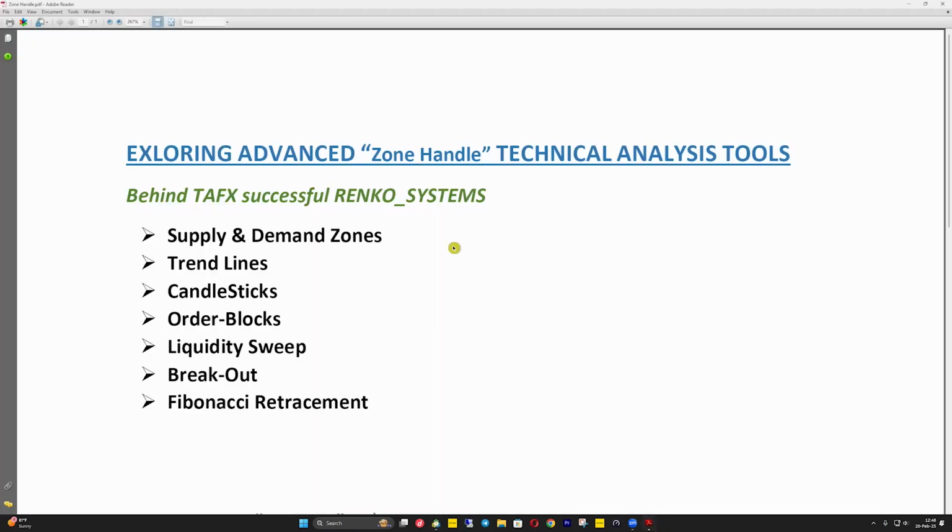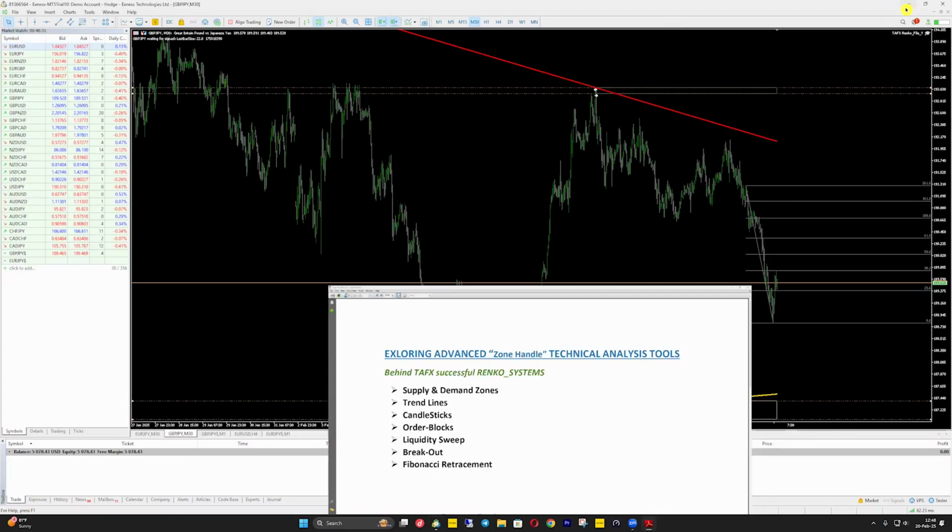So when we come to these technical analysis tools that the zone handle uses, these are what make our RENKO system more successful in the Forex market. Why? Because, guys, we have programmed this and we have advanced a lot of things to make sure that you will never fail and the system will never fail you.